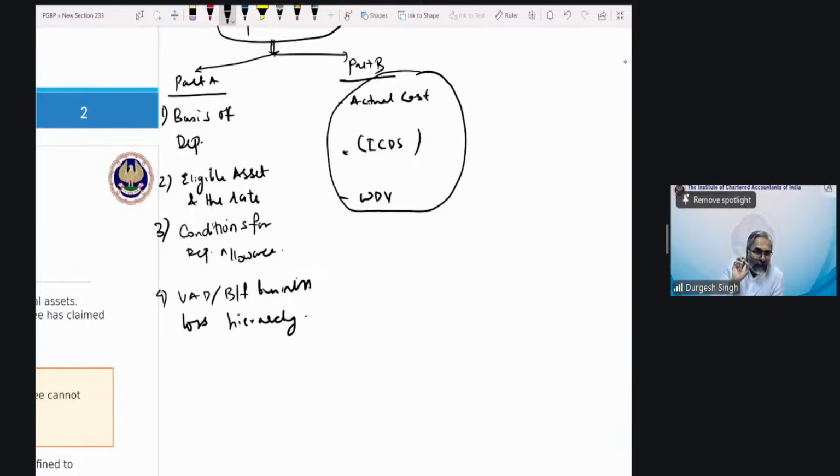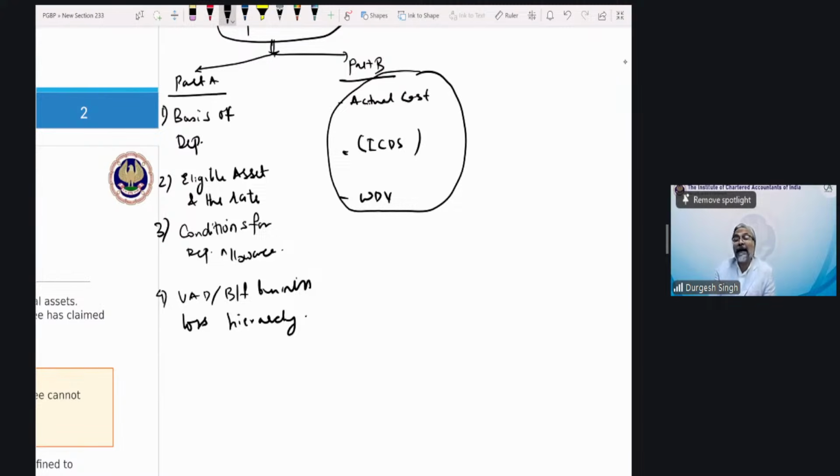Only when you receive the money will the asset be removed from the block. So no money received, the asset will continue to remain in the block even if that single asset is no longer in use.